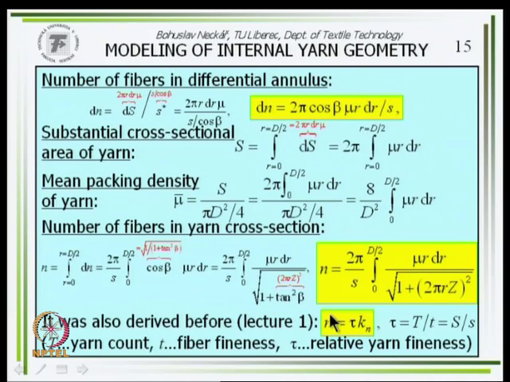Now the question is, how is the number of fibers in the differential annulus? To solve this problem, let's imagine one abstract situation. Let's imagine that nobody of us is here in this room, and I am standing here. One foot is inside of the room, the second foot is outside of this room.